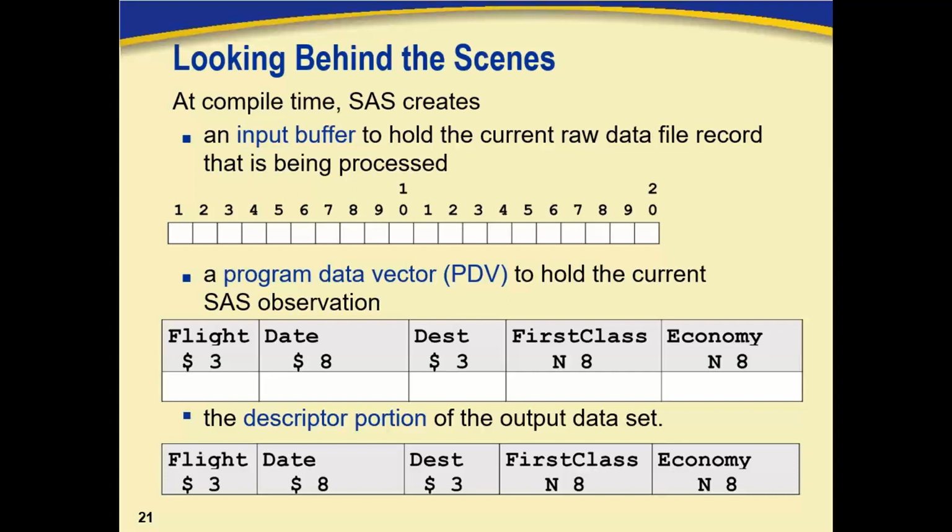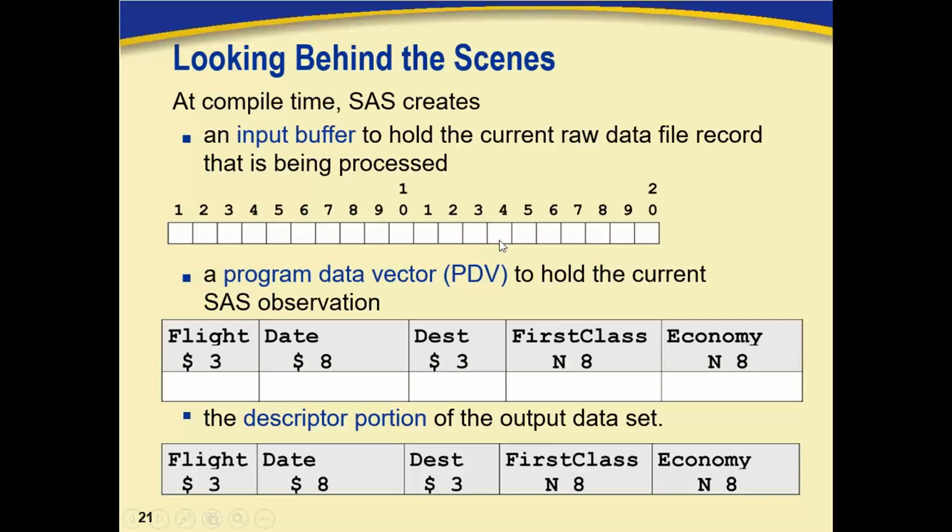When you read the data using the input statement, the record is divided by position. For example, 1 to 3 means you are asking to create flight number from the first position to the third position, taking three positions as defined in the input statement. The PDV is created for each variable, so the data in your input buffer is divided as per your definition in the input statement.